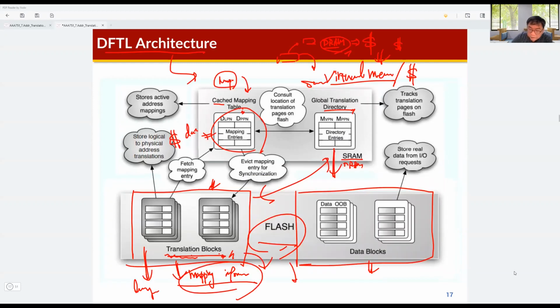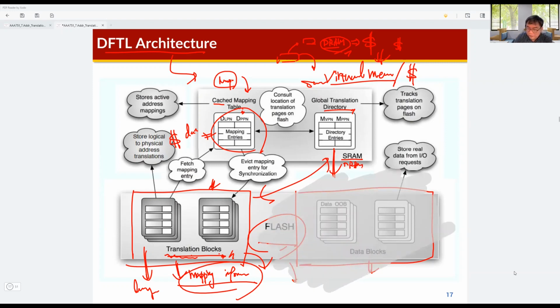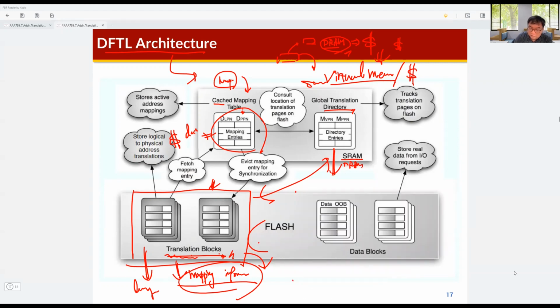Then when virtual memory is applied, we can think about how pages are requested and how pages are accessed in virtual memory. It's like the page is found in DRAM, or the page is found in storage. That is the page fault actually. That is the scenario of virtual memory.